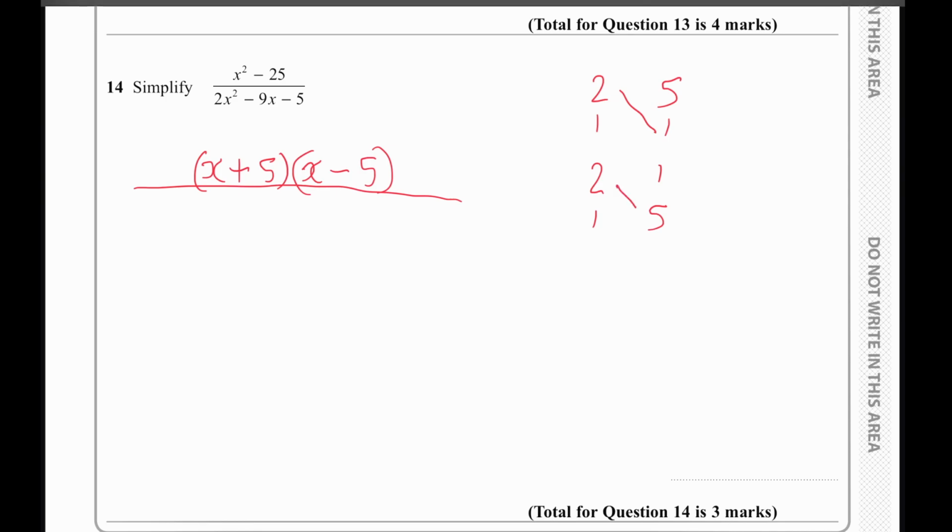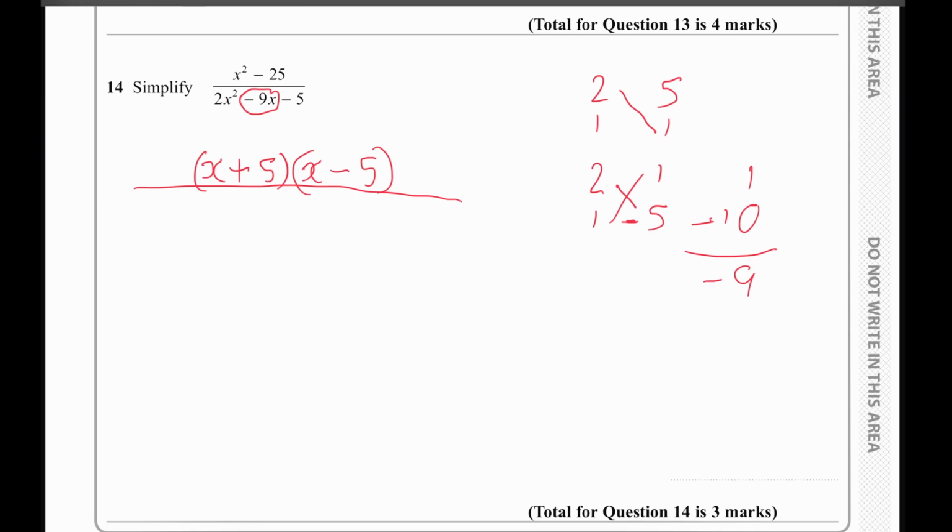Doing the same thing, 2 times 5, 10, 1 times 1, 1. Now I look, I can take those away to give me 9, but more specifically, it has to be a minus. So I need that 10 to be a negative so that it results in a negative 9. So I know that this is going to be a minus 5.